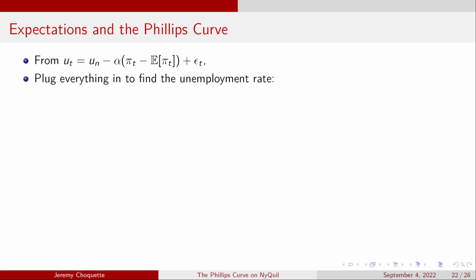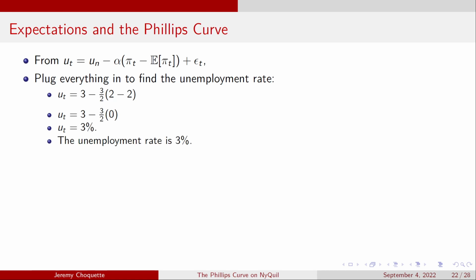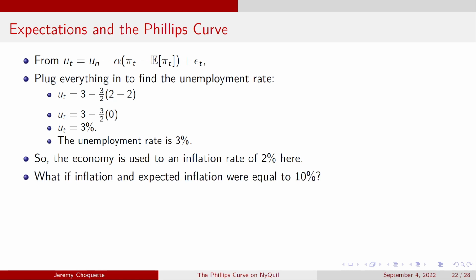So from this, if I want to plug everything in to figure out what the unemployment rate would be, I just do the natural rate, which is 3, minus alpha times inflation minus expected inflation, which is 3 over 2 times 2 minus 2. I get 3 minus 3 over 2 times 0, which is just 3%. So the unemployment rate here is 3%, and the economy is used to an inflation rate of 2% here.